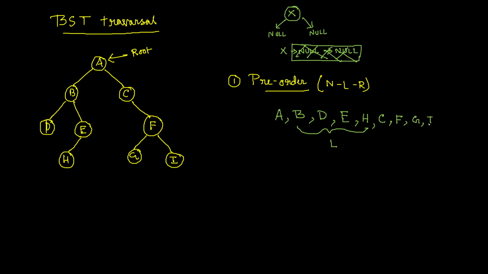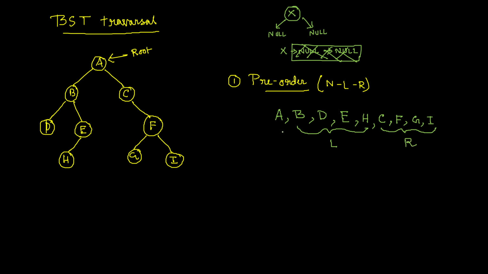And you see, this I is completed means the whole tree is completed. If this right subtree of this C is completed, that means the whole tree with C as a root is completed. If the whole right subtree is completed, that means basically with respect to the original tree, you have completed the right subtree.